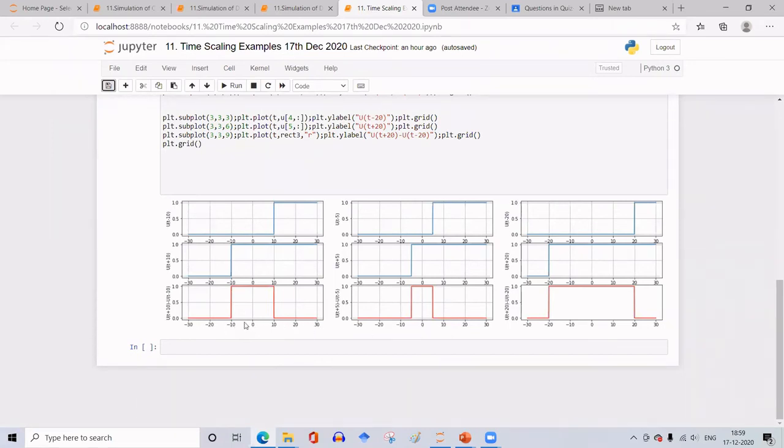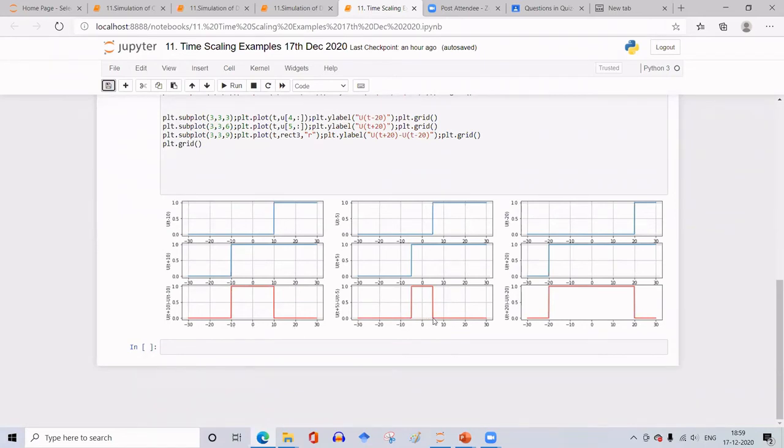So here x of 2t will make all the values on the t-axis divide by 2. Each point on this x-axis will be divided by 2. So this is my x of 2t. So if I divide the leftmost and rightmost edges, this will be -5 to +5. So it becomes a rectangle signal existing from -5 to +5.